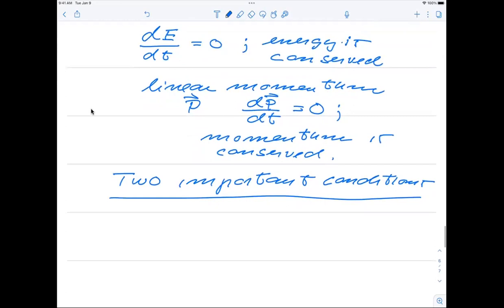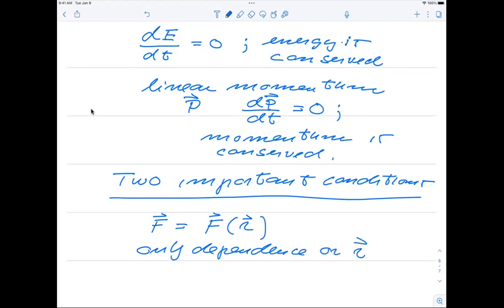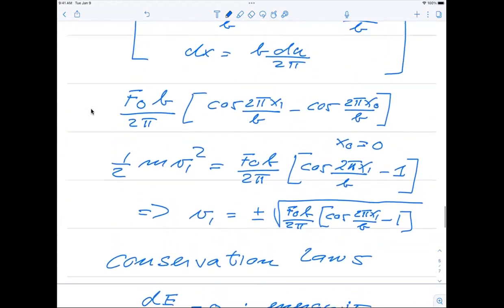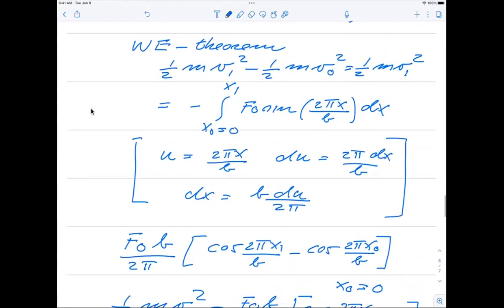And one, we saw in the beginning here that we assumed that the force could depend on the position, the velocity, and time. But one thing which we can say now is that we can have a force which depends only on position, only dependence on R. And you've already seen two cases which depend only on R. In both these examples, we have a force here which depends on X only.